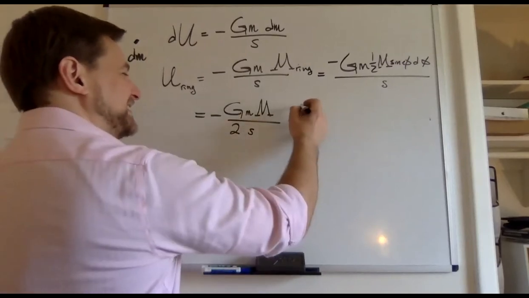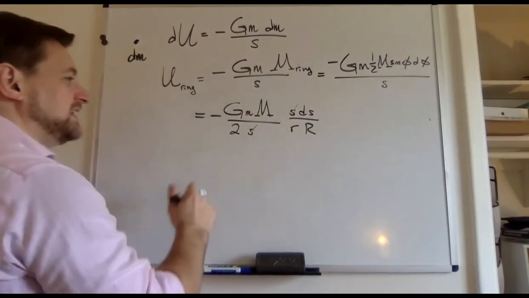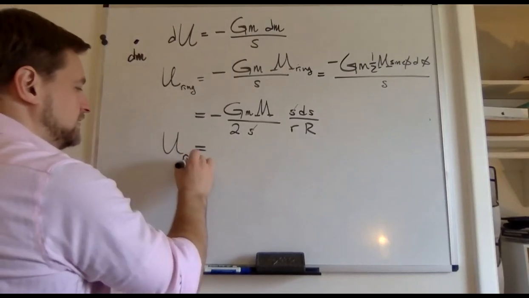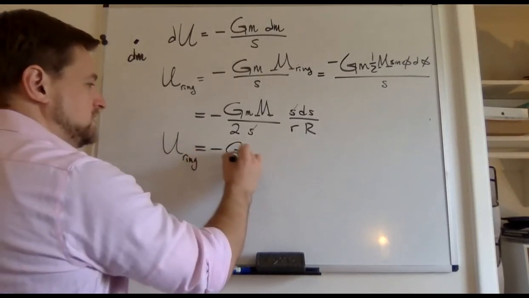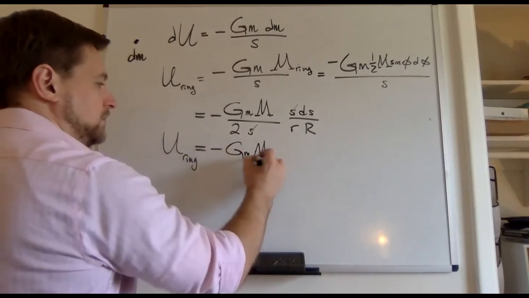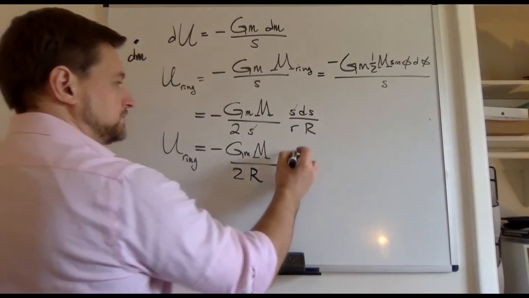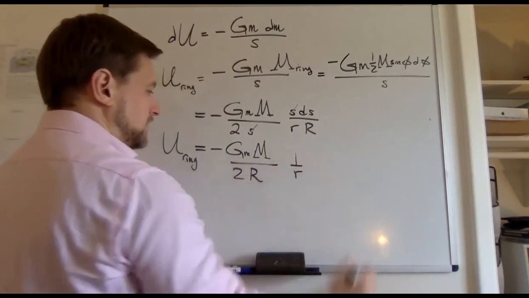All right, so we got the s's to cancel, and now the energy of the ring is negative G m capital M over 2 r capital R, 1 over r.